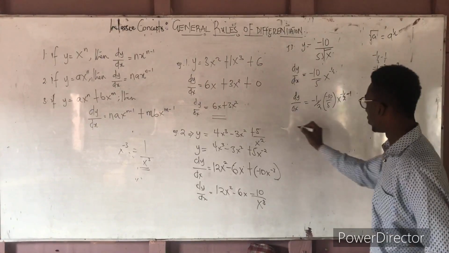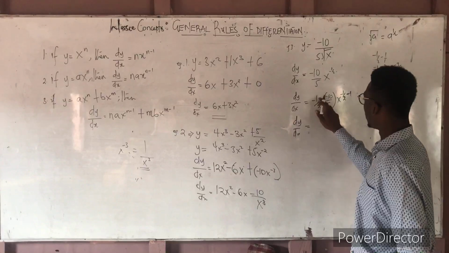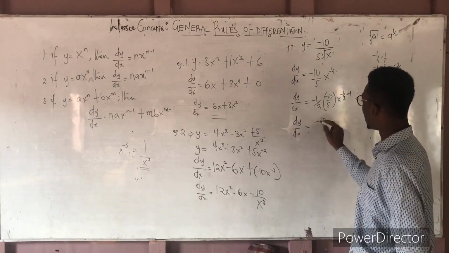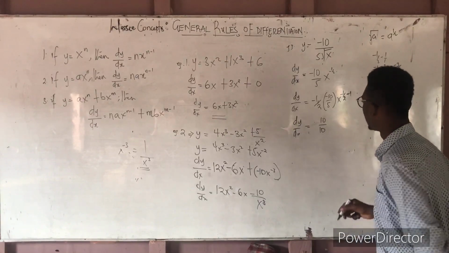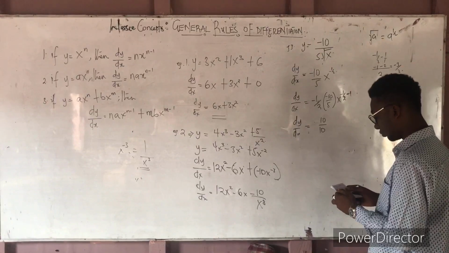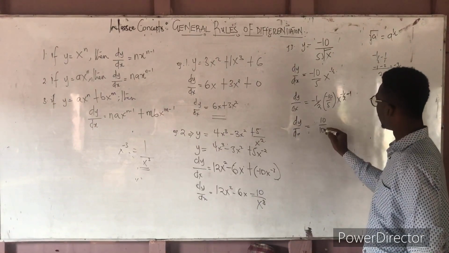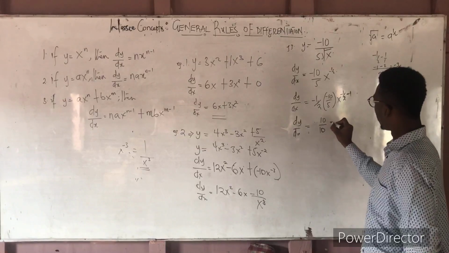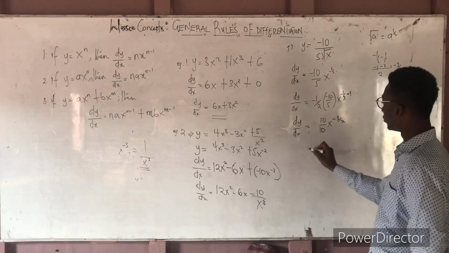Okay. So now you multiply this, you are getting negative 10, sorry, positive 10 on 10, x exponent negative 3 on 2.